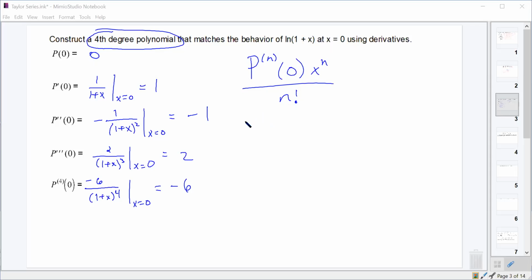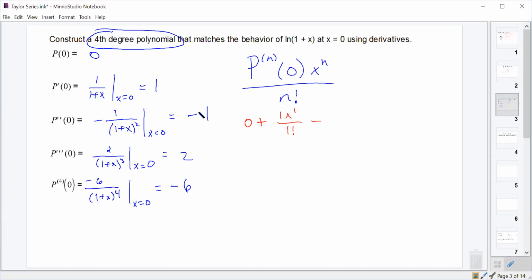So our first term is 0, which we don't really need to write, but we will just for now. What's our next term going to be? Should be 1 times what? X to the first over 1 factorial.